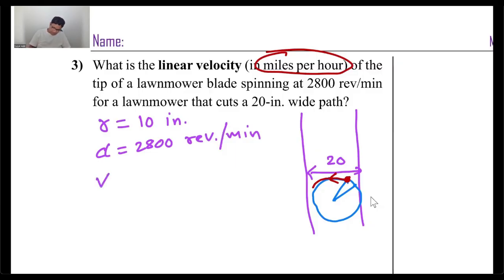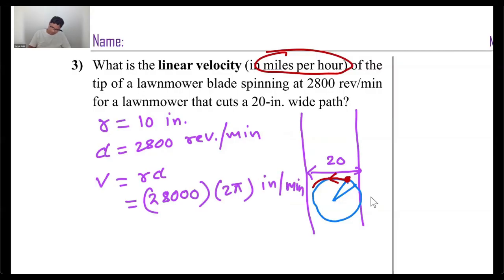So your linear velocity V will be R alpha. So that will be 10 times 2800, 28,000 revolutions. No, we need to multiply that times 2 pi. Okay, inches per minute.